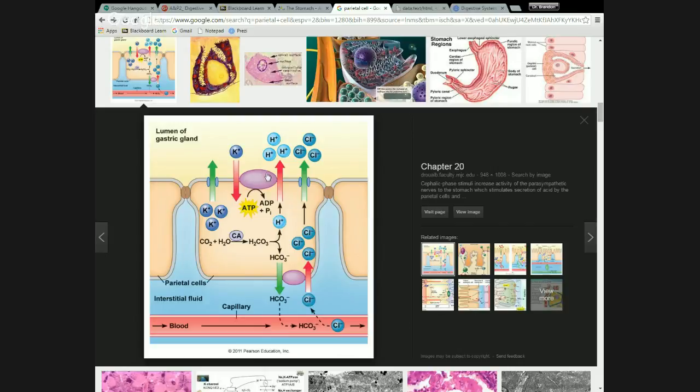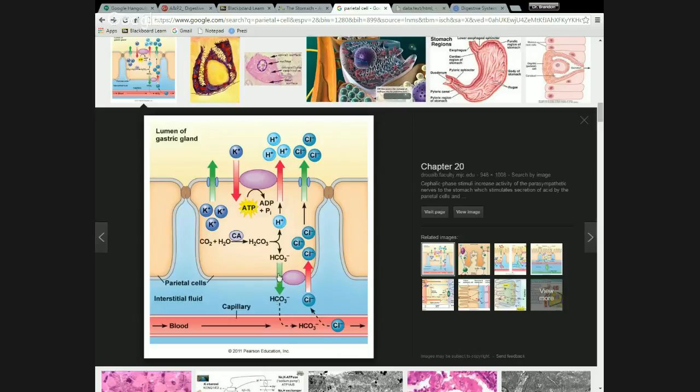Okay? Just like sodium and potassium or hydrogen and potassium have to be pumped in opposite directions by these pumps in their respective membranes, the bicarbonate transporter only works when chloride moves in the opposite direction. And so chloride gets into the cell and just leaves the cell and gets out into the lumen of the stomach, completing the HCl of hydrochloric acid.